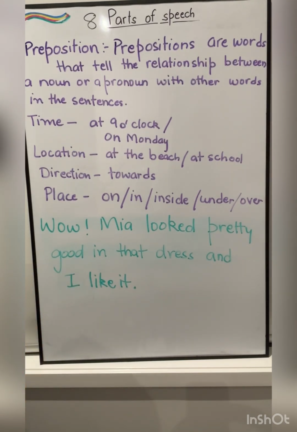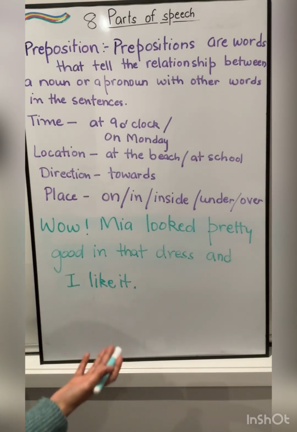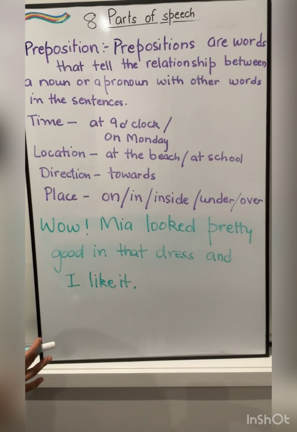For example, if I say I am sitting chair, does it make sense? I guess no. But if I say I'm sitting on a chair, it makes sense. So I am a pronoun, like I am sitting, doing some action, chair.